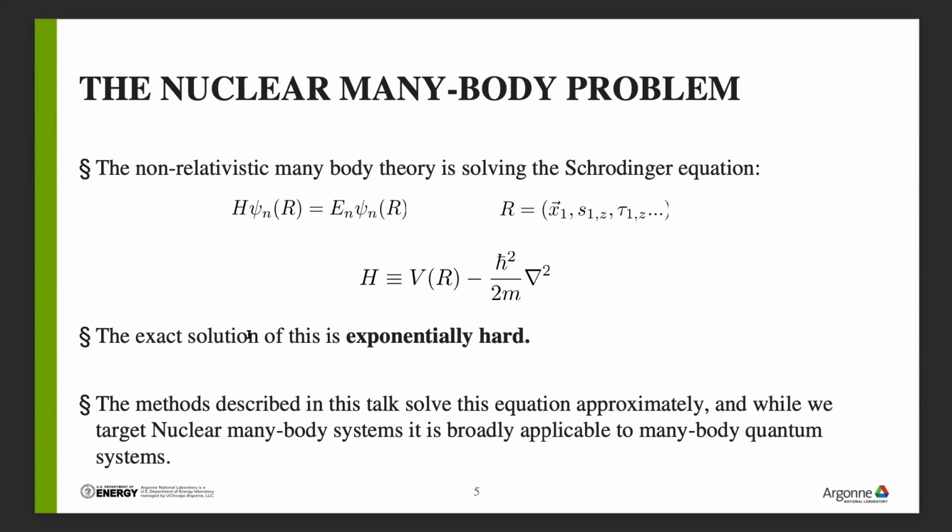And we're tracking not just nucleons in a nucleus in terms of their Cartesian coordinates, but also in terms of their spin and isospin. An isospin here is an effective parameter where if you flip an isospin, you turn a proton into a neutron or vice versa. So we're trying to solve this equation approximately. And while we're specifically targeting nuclear many-body systems, the things we've developed for this technique are actually broadly applicable to quantum many-body systems.